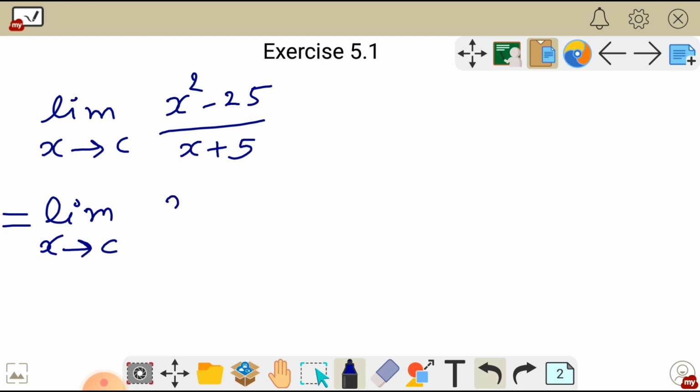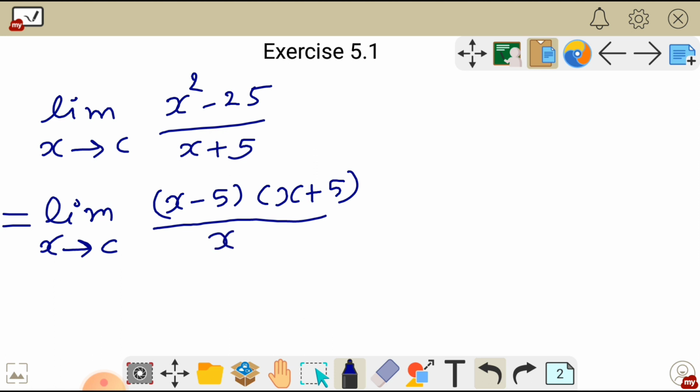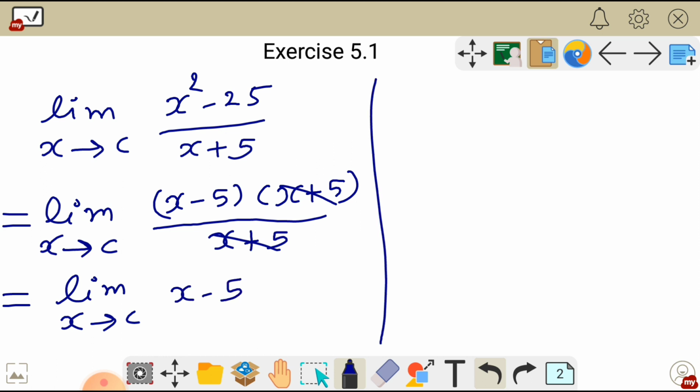We can write it as x minus 5 into x plus 5, right, using the identity a square minus b square, upon x plus 5, which is equal to limit x tends to c of x minus 5, and we get c minus 5.